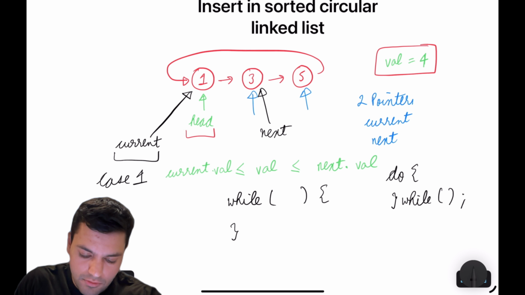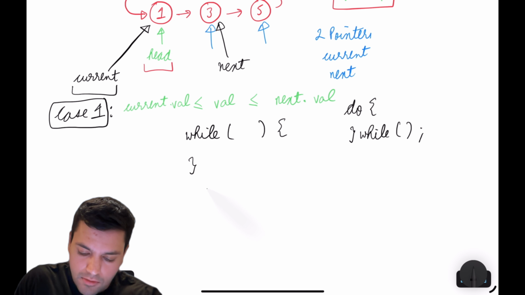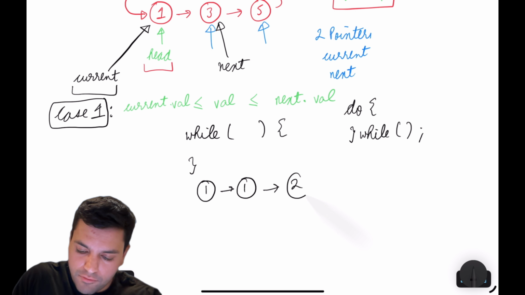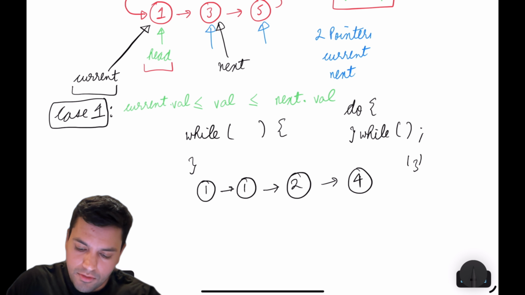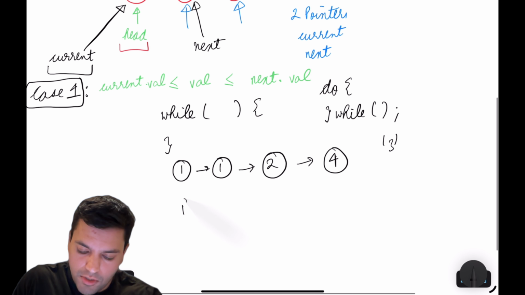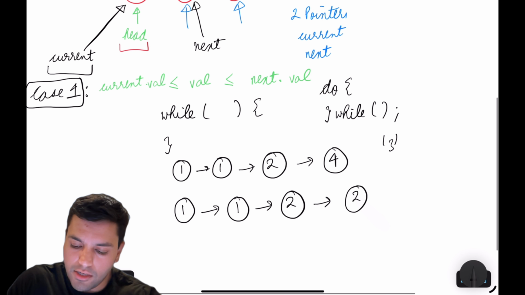This would work fine for simple cases such as, let's say we have 1, 1, 2 and 4, and we have to insert a value 3, or we have something like 1, 1, 2 and 2, and we have to insert a value 2.